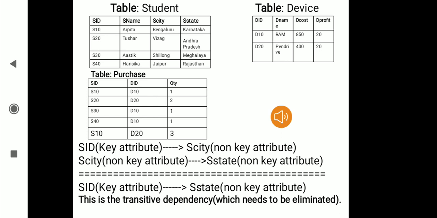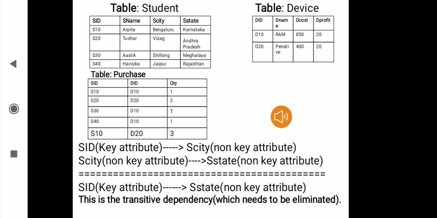As SID is the primary key column of the table student, all the rows in this table are uniquely identified by the column SID. SID, being the primary key of this table, is also regarded as the key attribute, whereas the rest of the columns SNAME, SCity, and SState are the non-key attributes.